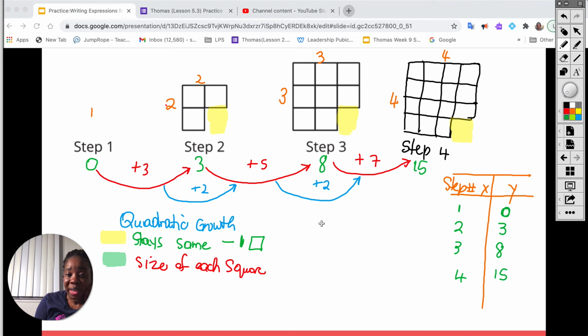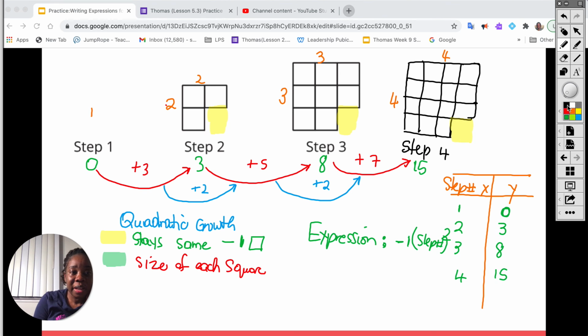So if we think about the expression that will produce it, we notice that we're subtracting 1 from the square. So step number squared.